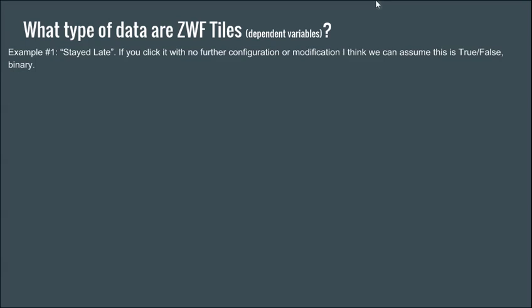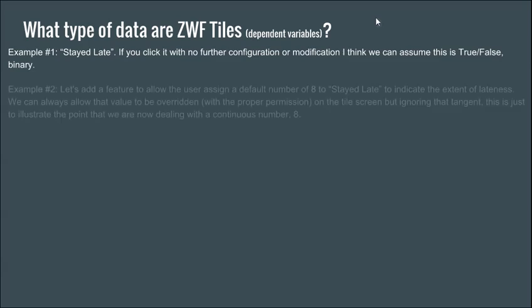But ignoring that tangent, the point is to illustrate that we are now not dealing with a discrete true or false, but we're dealing with a continuous number, 8. So now we have the exact opposite example for our tile.